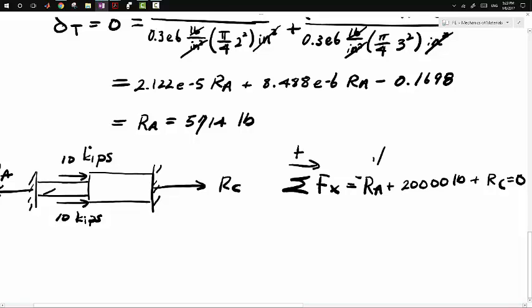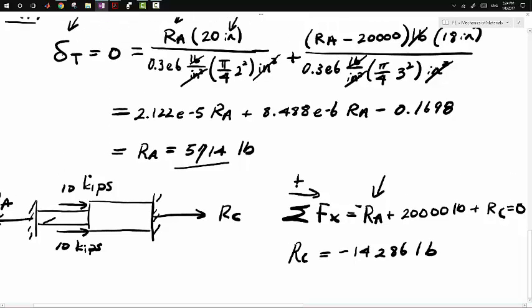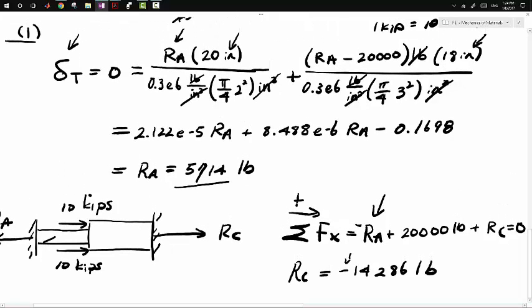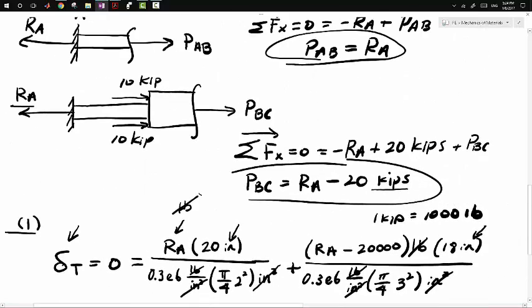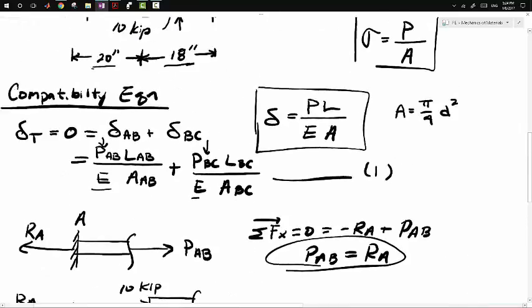So we found what RA was here, so we can plug that in and solve for RC. And RC should equal negative 14,286 pounds. And this negative tells us that our original assumed direction is incorrect.